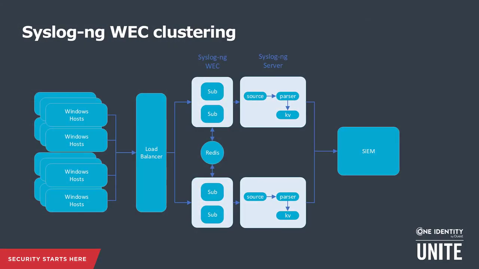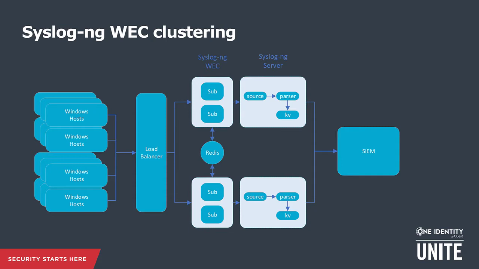What we ultimately need is something that can share the states between multiple WEC servers and also write them atomically. We can't afford allowing the backends to get out of sync, and this is where our new Windows Event Collector clustering enhancement comes in. So to make something like this happen, we've come up with a Redis-based solution. Well, what is Redis? Essentially, Redis is a networked key value database.